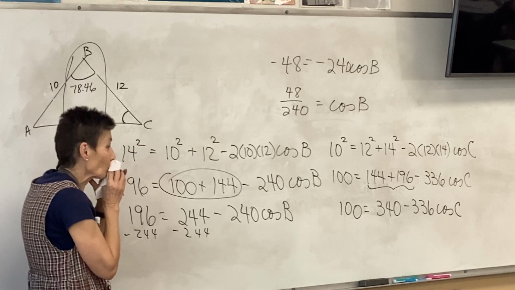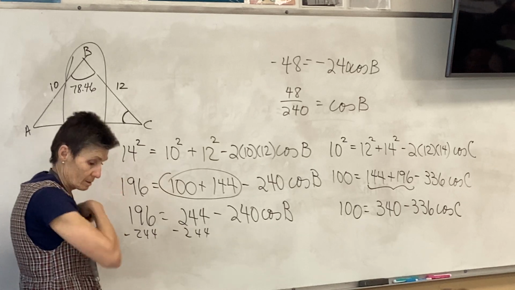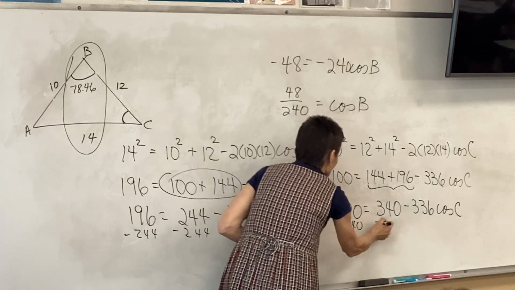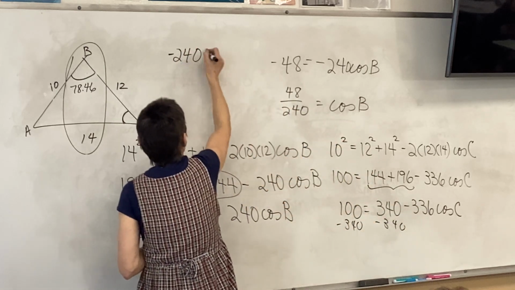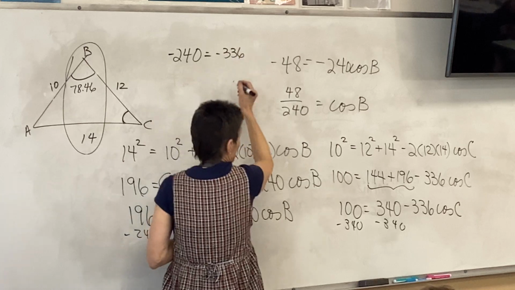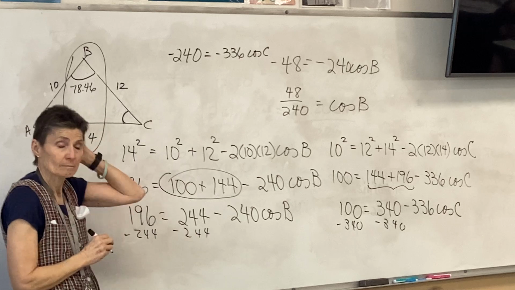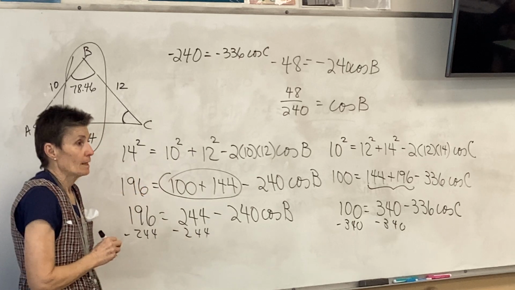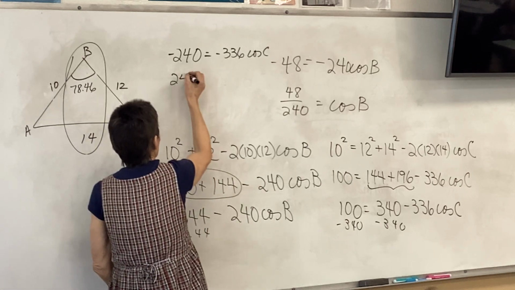So, what do we do now? Who remembers? Subtract 240. So I have negative 240 equal to negative 336 cosine C. And now I will divide, so it's going to become positive.